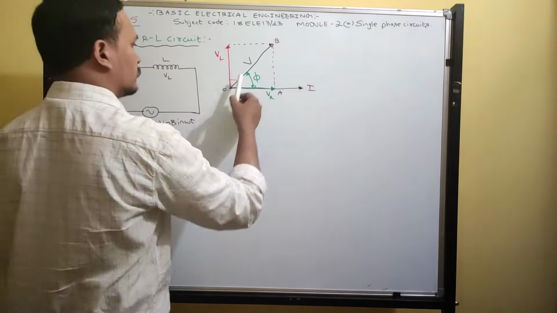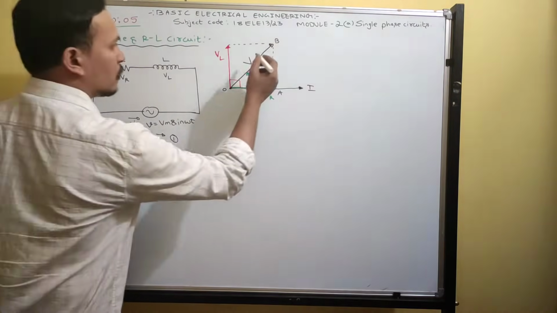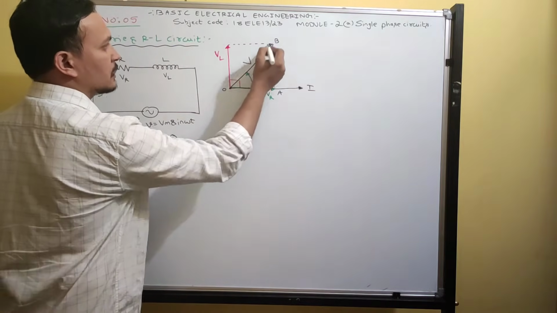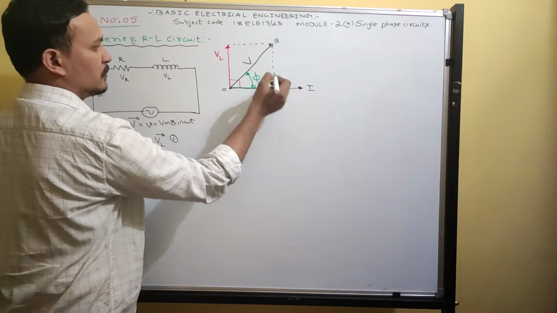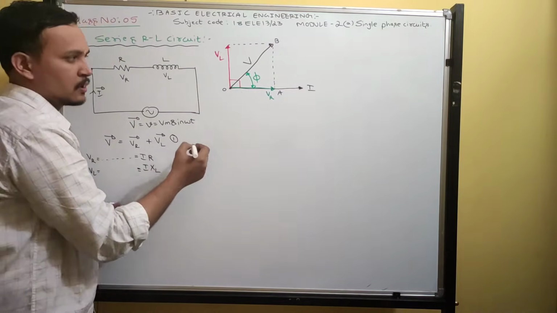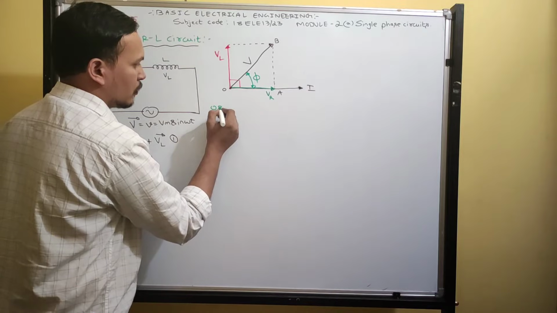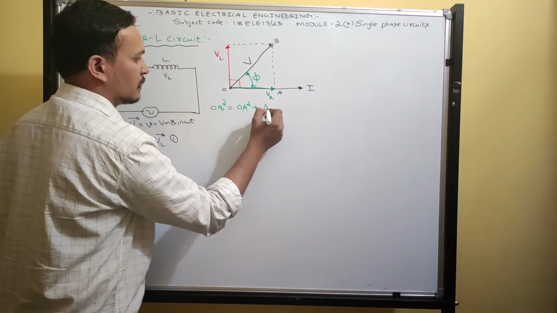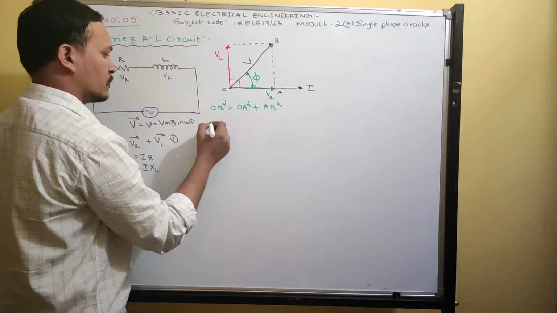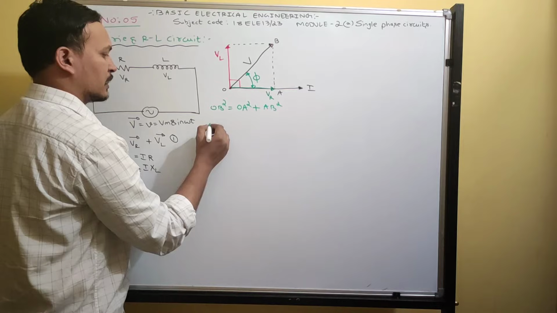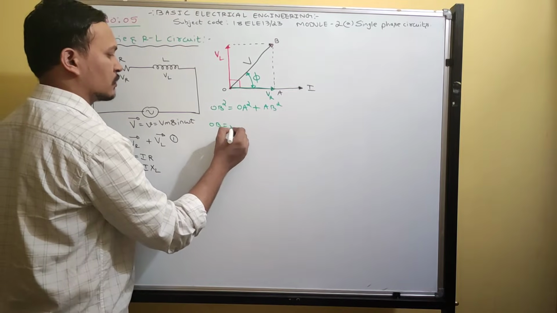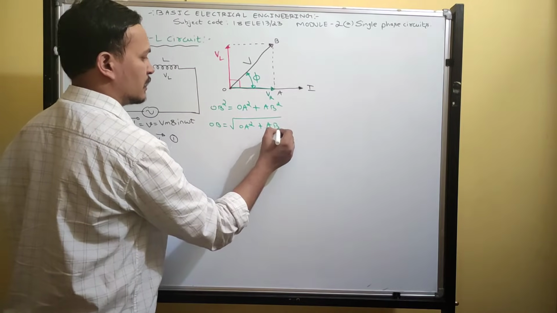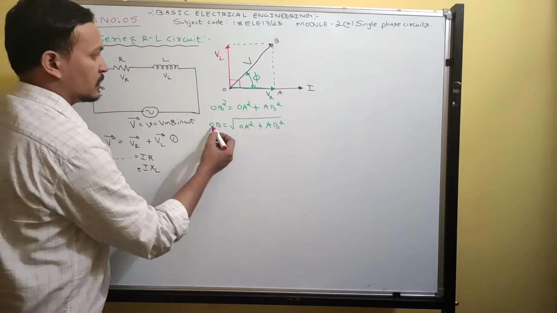Understood? Now we can write the voltage triangle. Before that, apply Pythagoras theorem for this right angled triangle OAB. OB square can be written as OA square plus AB square. Therefore OB is equal to square root of OA square plus AB square. What is OB?